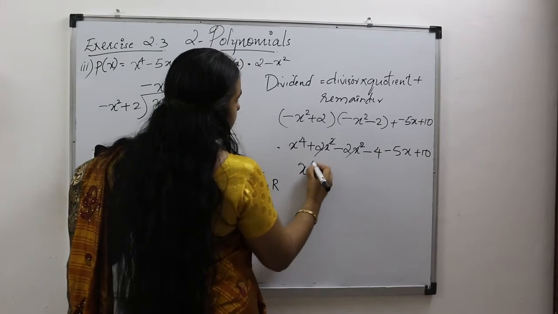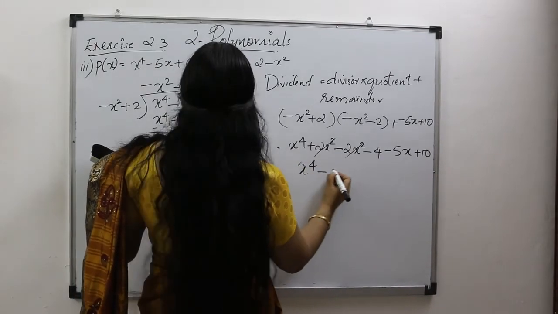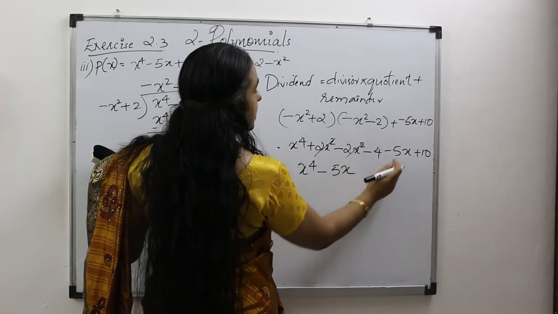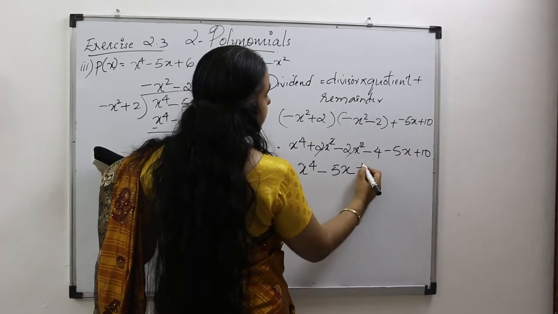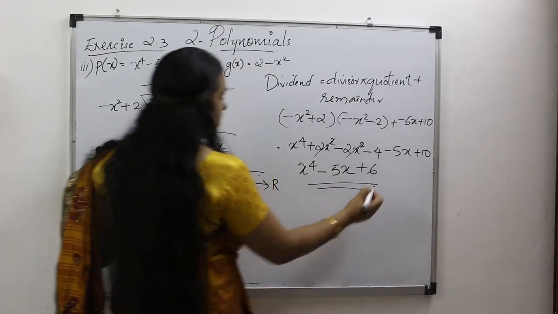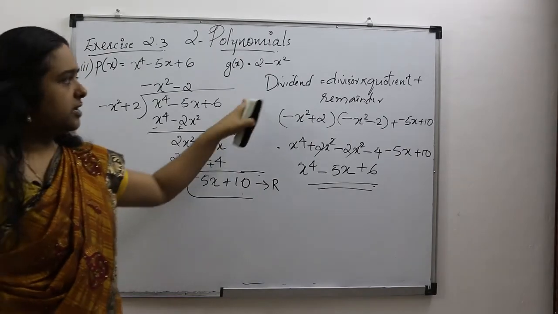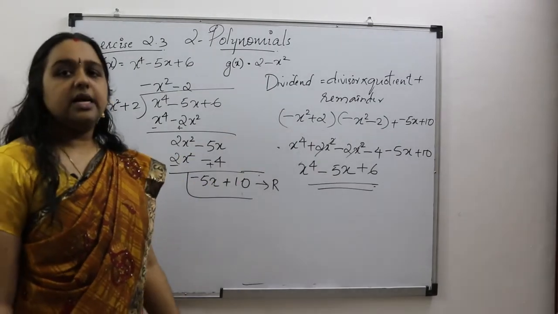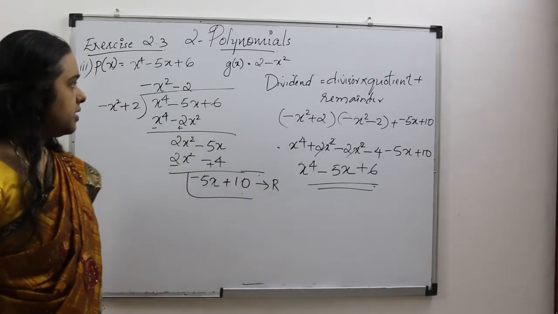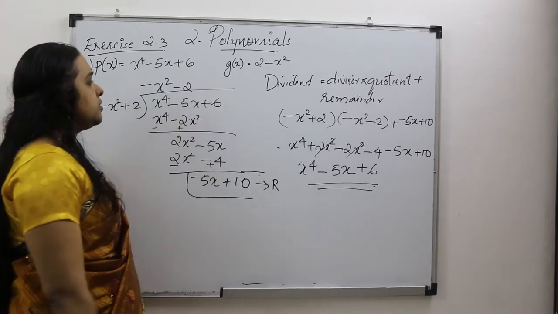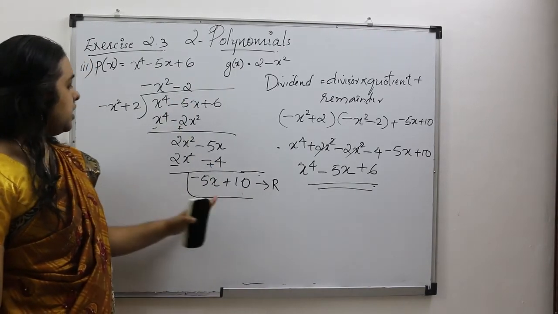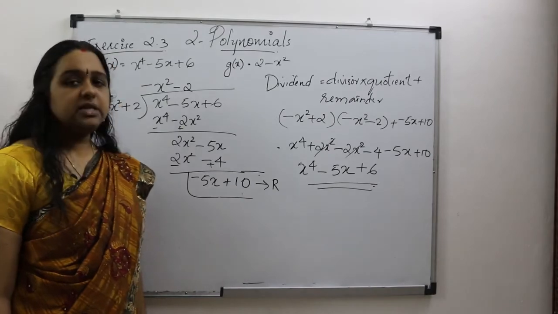Then this will become x raised to 4 minus 5x, minus 4 plus 10 is plus 6. So we have proved that dividend equals divisor into quotient plus remainder. Quotient is minus x square minus 2 and the remainder is minus 5x plus 10.